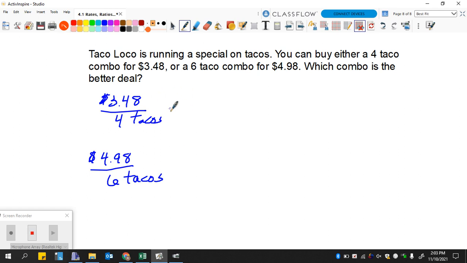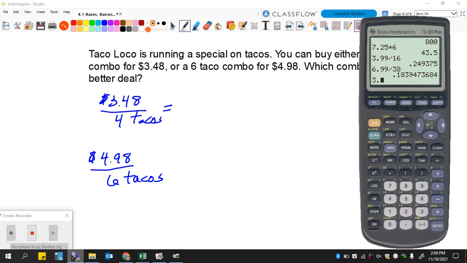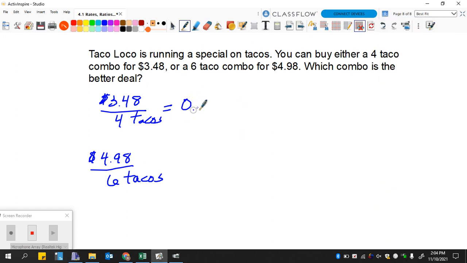So let's see which is the better deal. We're going to say $3.48 divided by 4 is 87 cents per taco. All right.